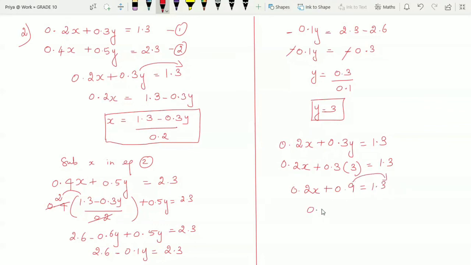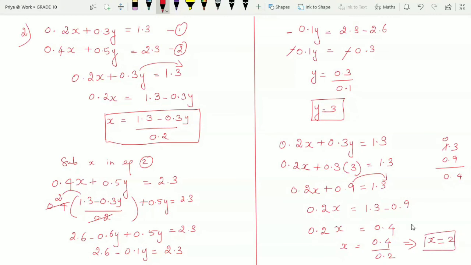Transpose constants to one side. 0.2x is equal to 1.3 minus 0.9, which is 0.4. If you subtract 0.9 from 1.3, you will get 0.4. So x is equal to 0.4 divided by 0.2, which implies x is equal to 2. So the value for x is 2 and the value for y is 3 for this set of linear equations.